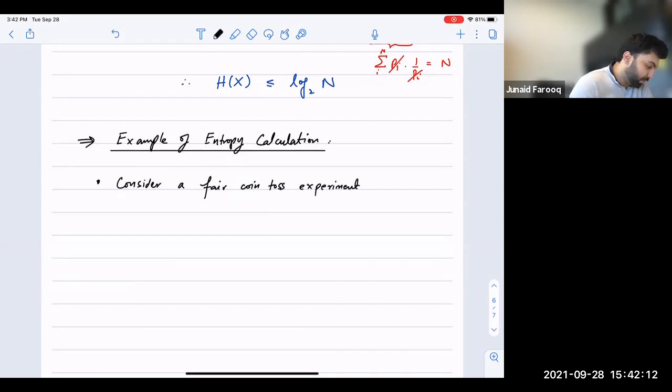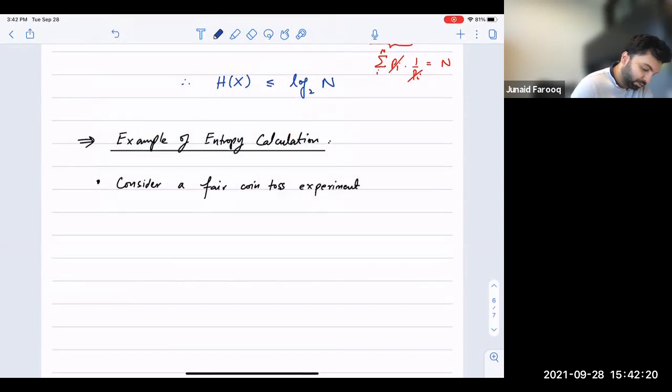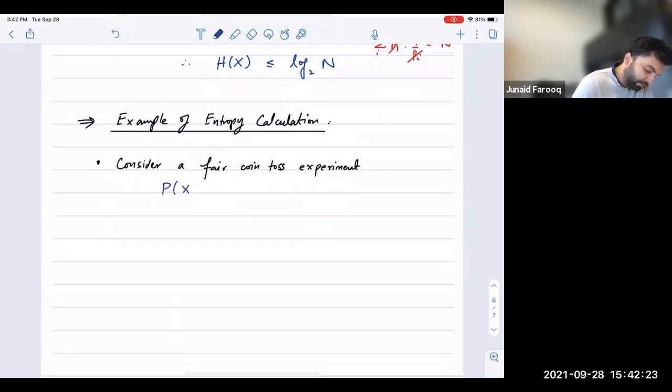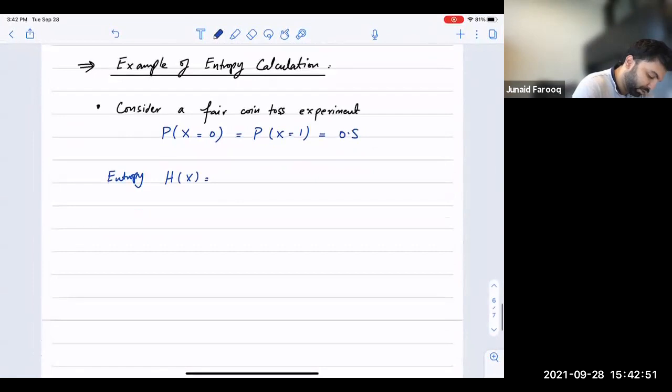So what that means is the probability of X being heads or tails is actually the same. So the probability of X equals 0, we can call it 0 here, and 1 for tails. And so for a fair coin, these two are equal, 0.5. Now the entropy of such a coin toss experiment is simply, by formula, the average.